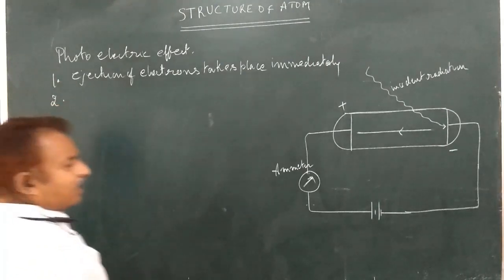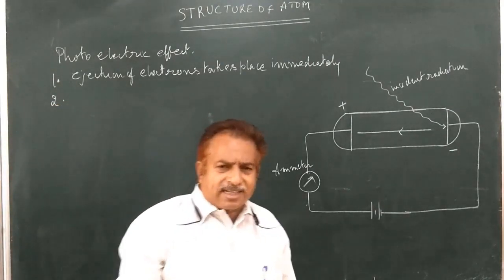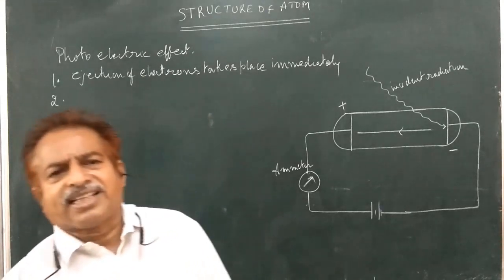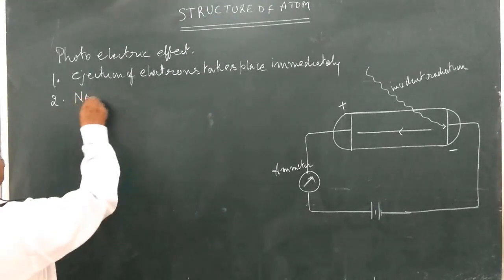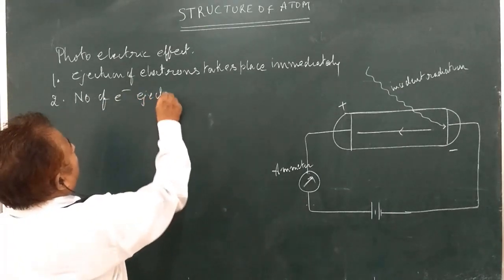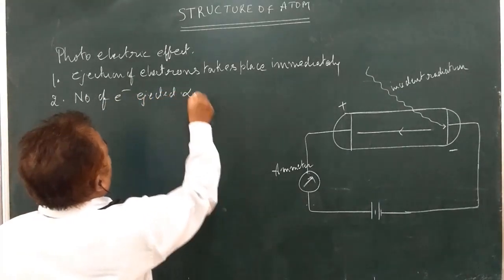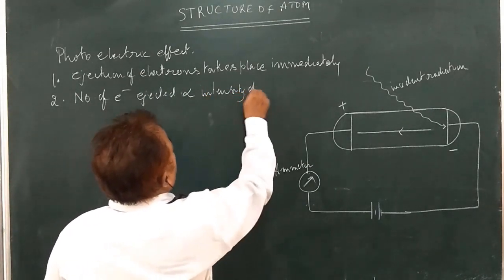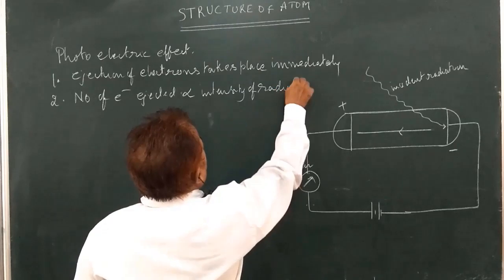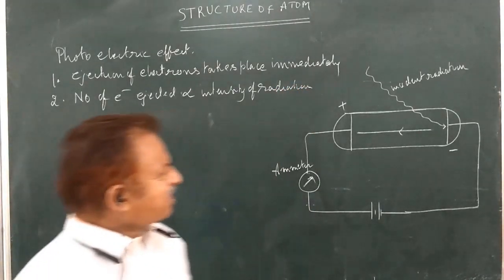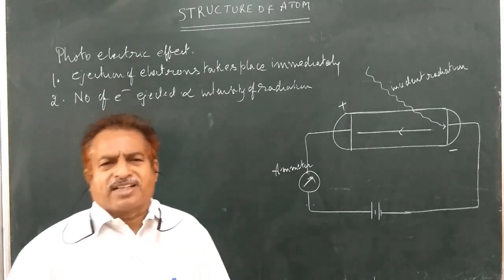Now, the number of electrons ejected is proportional to the intensity of the radiation. Intensity means nothing but energy of the radiation.